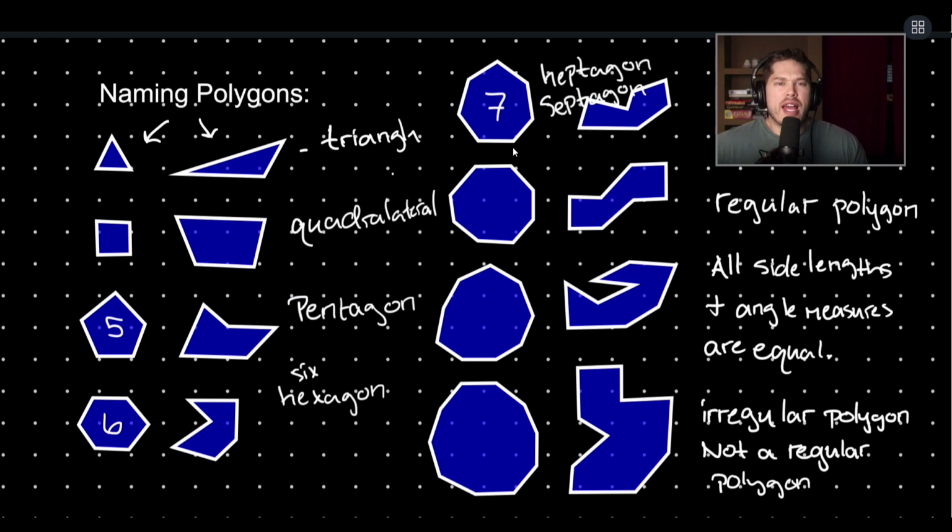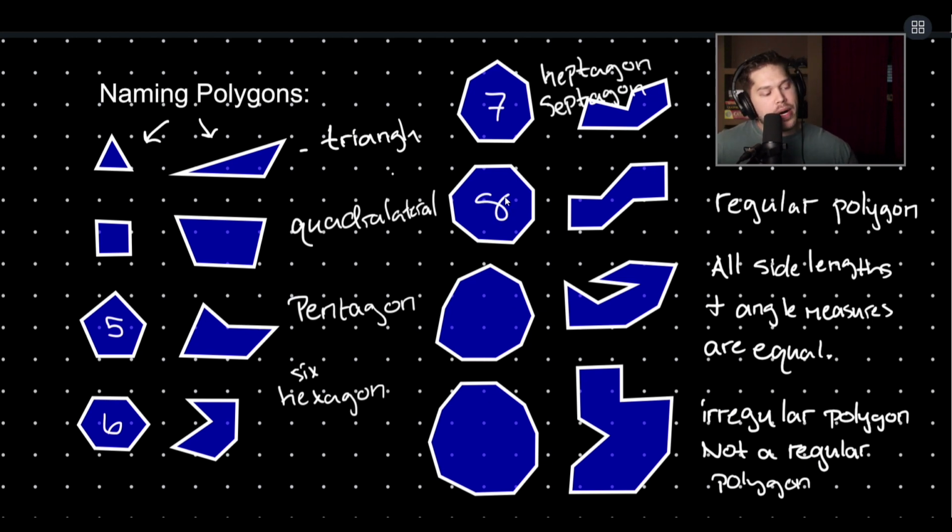You can remember heptagon by, if you're familiar with the race, the heptathlon, that's a race with 7 events in it. Also the word septagon, sept has an SE. That might help you remember 7, SE and 7, SE and septagon.